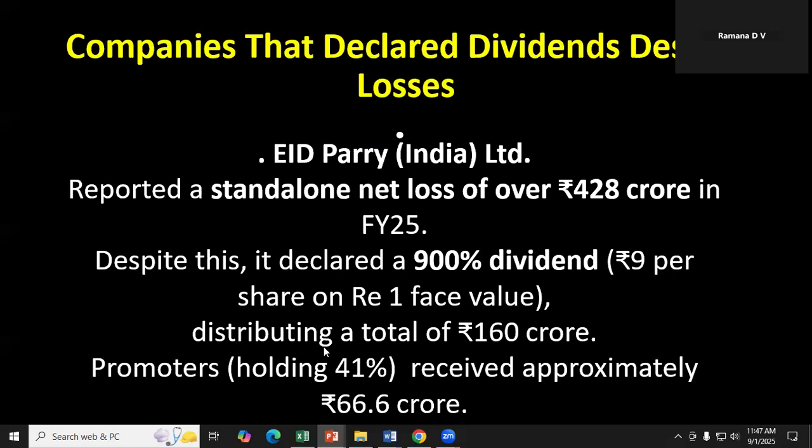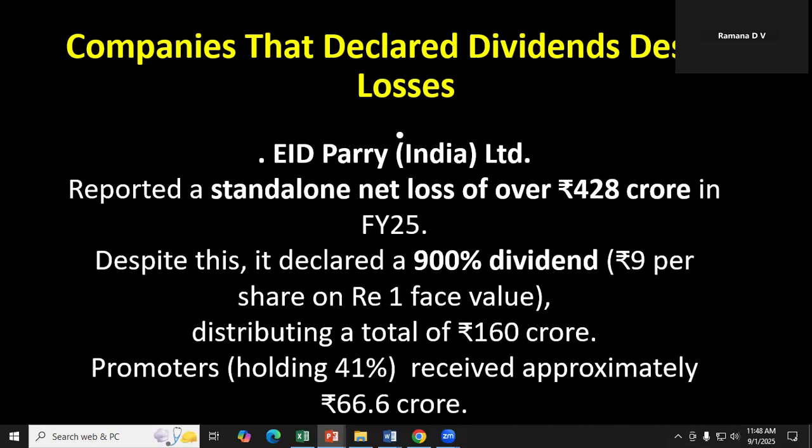So the amount of dividend distributed is 160 crore. The company made a loss of 428 crore, but declared a dividend of 160 crore. And the promoter, which holds about 41%, received 66 crore.